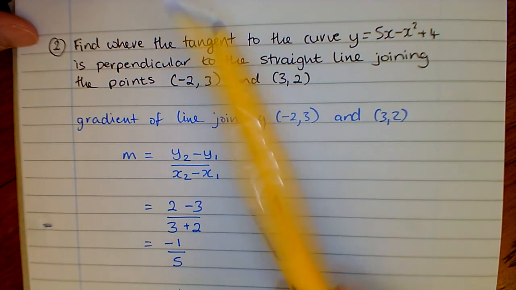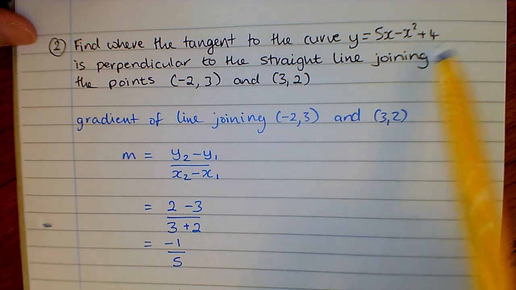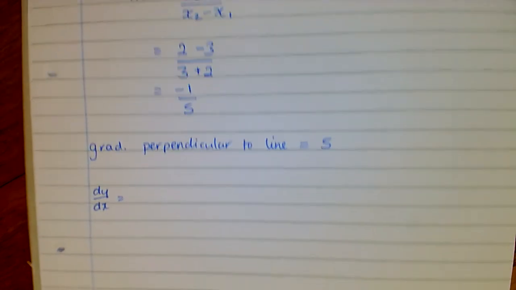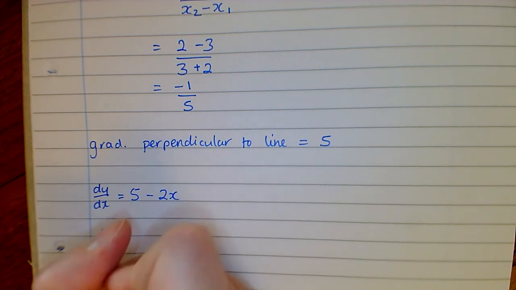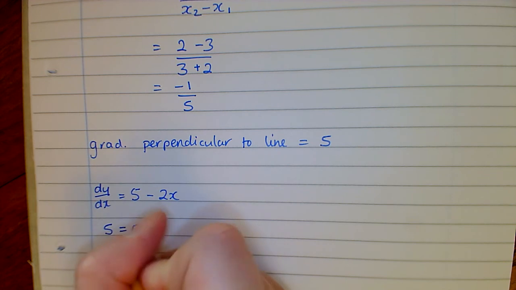So the question then is we want to find where the tangent to this curve has a gradient of 5. So now we're going to need to find dy by dx and set it equal to 5. So dy by dx is 5 minus 2x, and we want to find the x value that makes it 5.